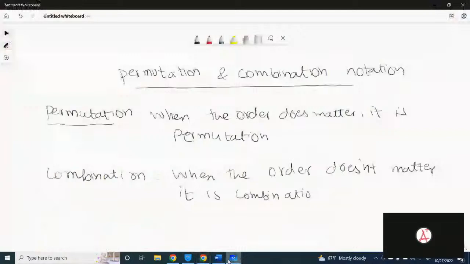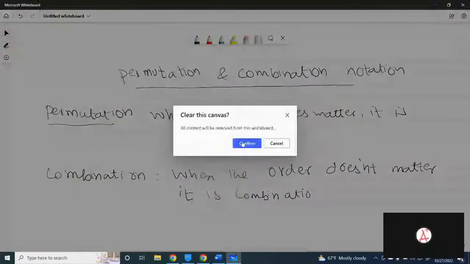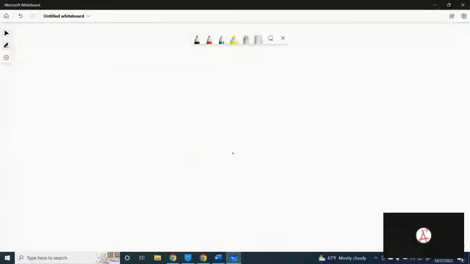Let's start with 5C2. So you want to evaluate 5C2. First, find the total number of permutations. Next, find the number of permutations in the smaller group. And then finally, divide.